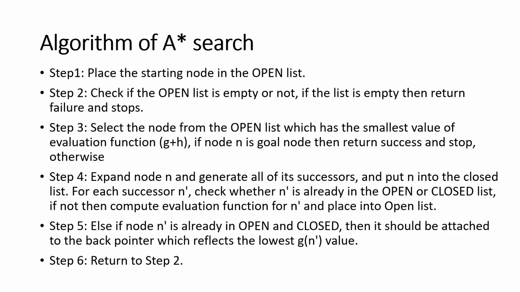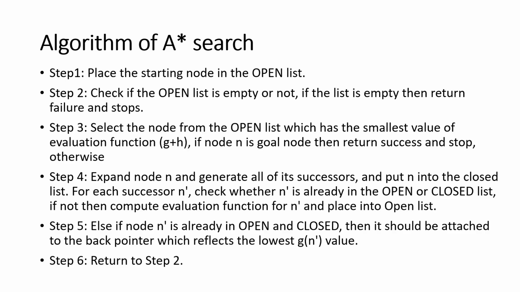If n' is not in open or closed, we compute g(n'), h(n'), f(n'), and insert n' into the open list. If n' is already open or closed, compare the new path cost with the existing one.